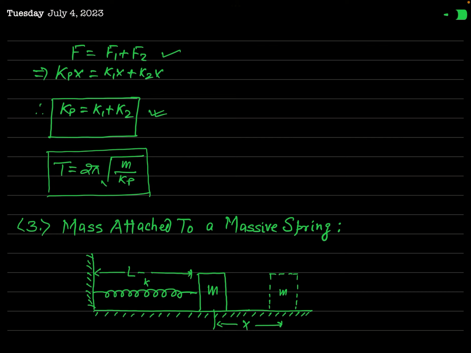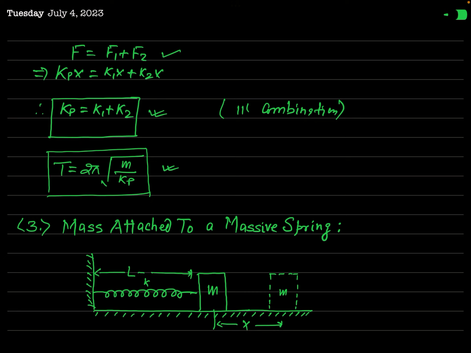And this is just equivalent to the parallel combination of capacitors. Result is same. Once you get the value of the equivalent spring constant, then using the formula for time period, which is 2 pi root over m by k, you can get the time period of this system.